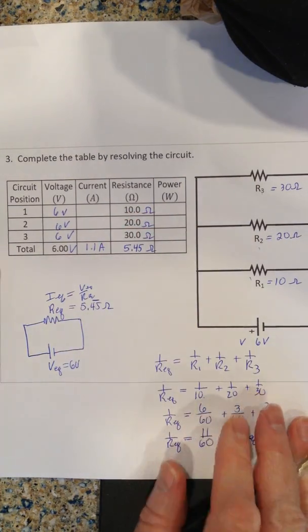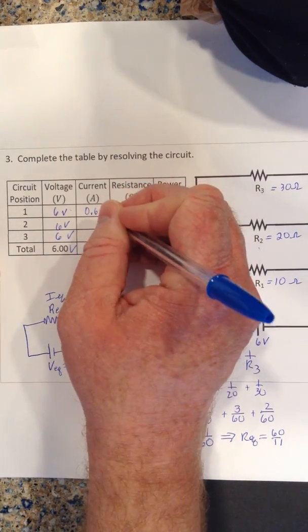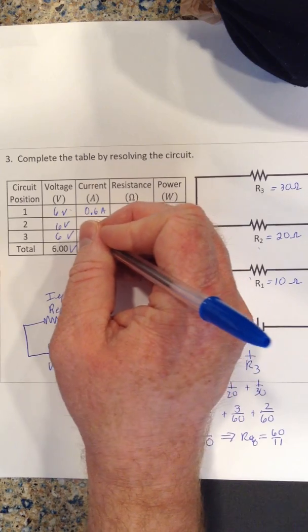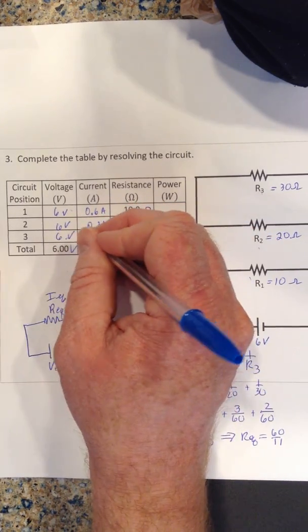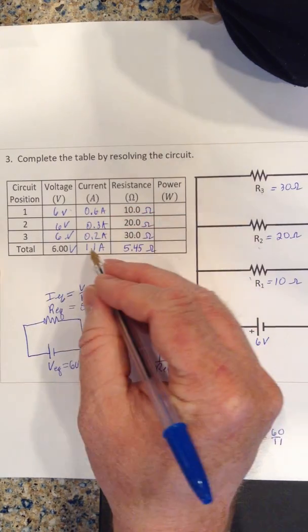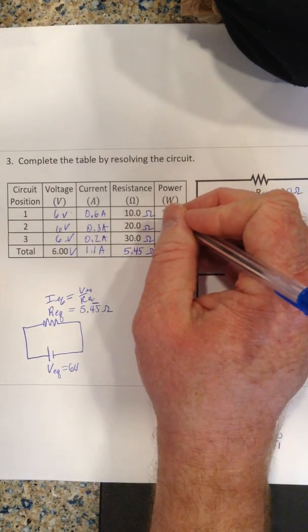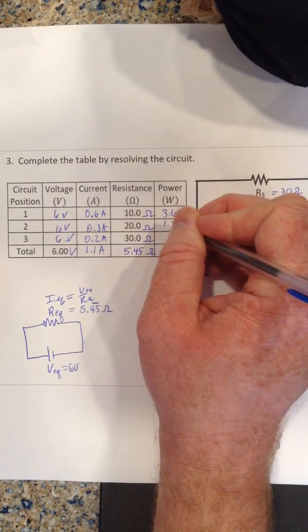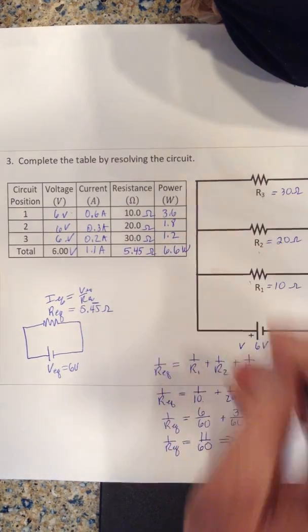And then I could do 6 divided by 10 and get 0.6 amps. And 6 divided by 20, you get 0.3 amps. And 6 divided by 30, you get 0.2 amps. And notice 6 and 3 and 2 adds up to 11 or 1.1. Now my power, 3.6, 1.8, 1.2, and 6.6 watts.